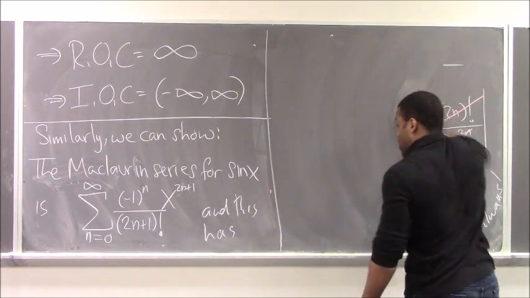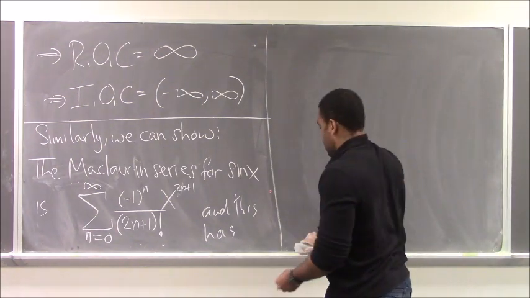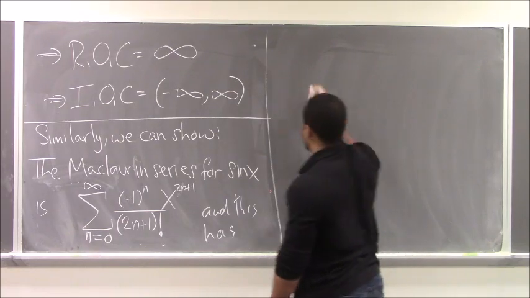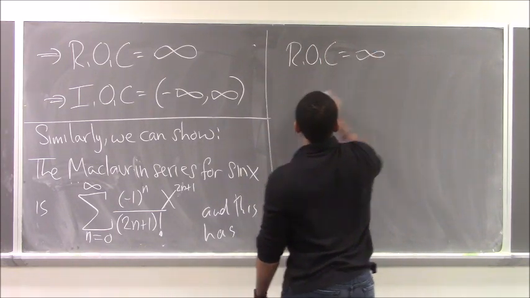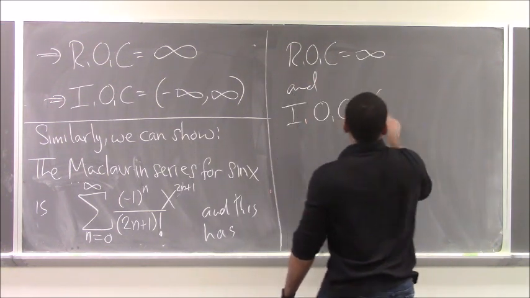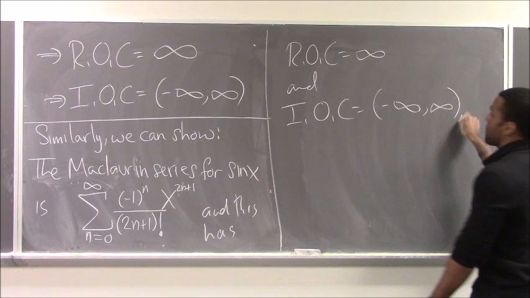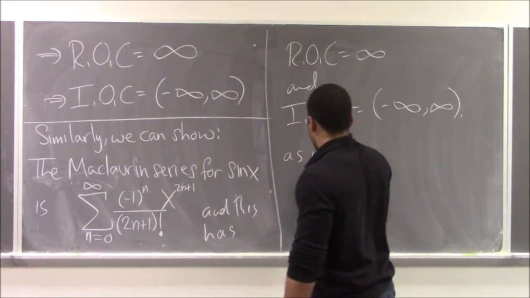So this will also have an infinite radius of convergence, and its interval of convergence is the entire real line. This has ROC equals infinity, and IOC as well.